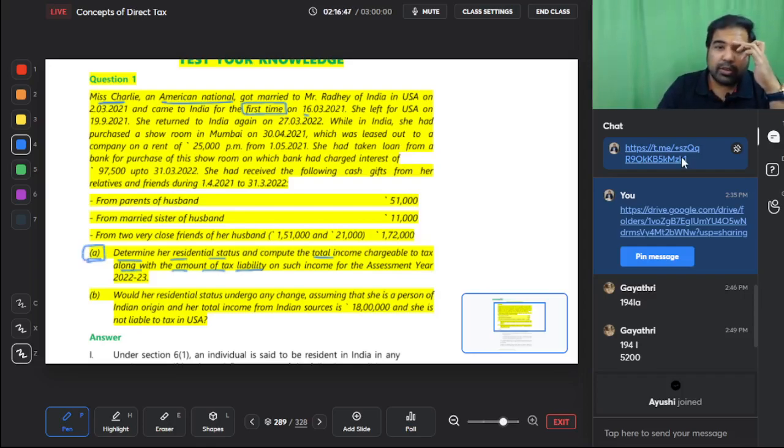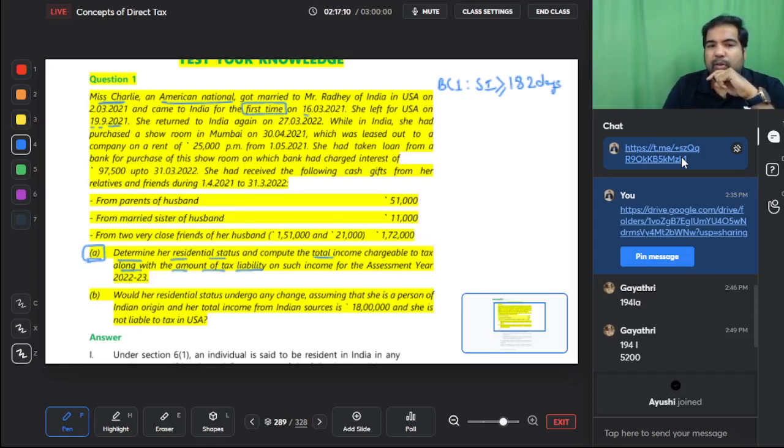She's an individual, so basic condition 1 has to be checked: stay in India greater than or equal to 182 days. Let's check. She left for USA on the 19th of September 2021. So basically April, May, June, July, August, about 5 months and 19 days she was here.